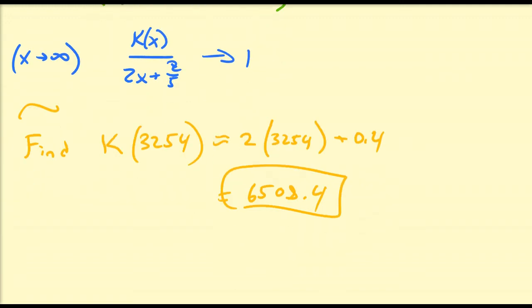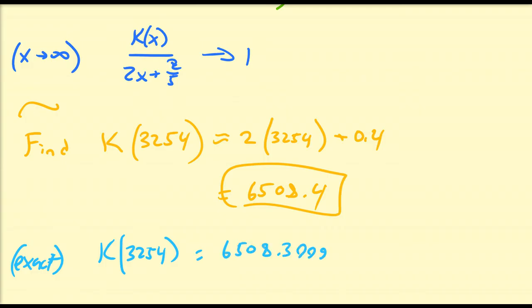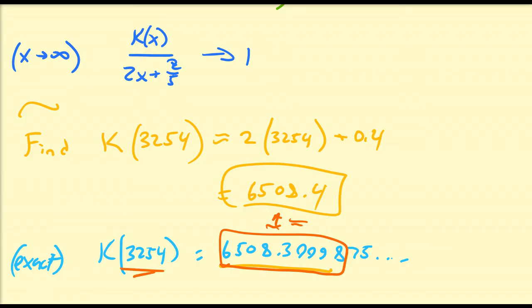And you can find the exact value, k of 3254, to be equal to 6508.3999875 and so on. So definitely you see that these values are pretty close to each other. And 3,254 is not really that large compared to infinity.